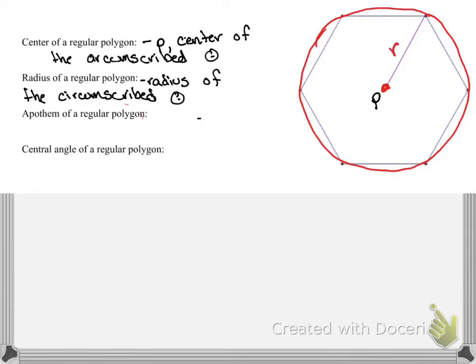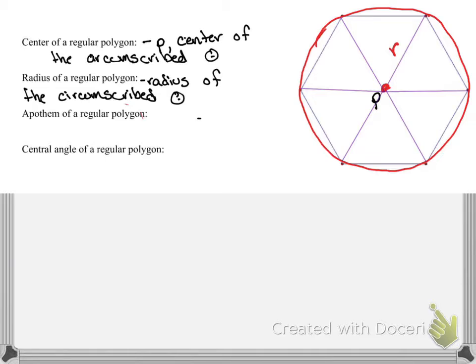But if I draw 2 radii in, and if I drew in all of my radii, let's draw them all in. If you notice, I can always divide this into a whole bunch of triangles. So if I draw in all the radii, I can draw all these different triangles in.